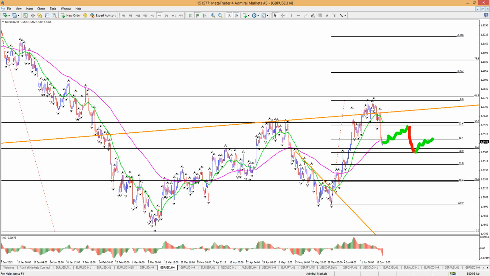And either we get a small bounce and one more fall to the 618, and then the bounce, or we get a bigger bounce immediately, and then we see something like this, and upside continuation.